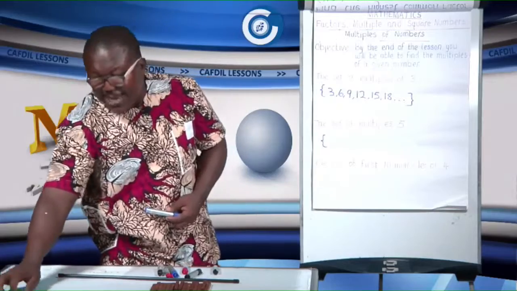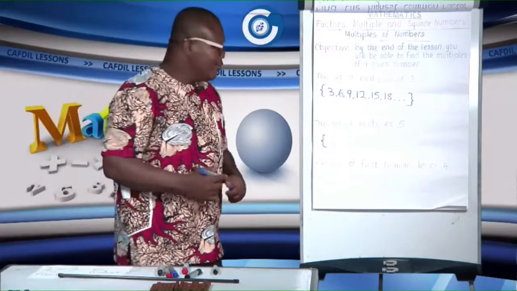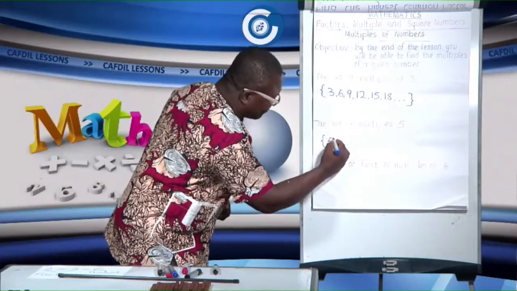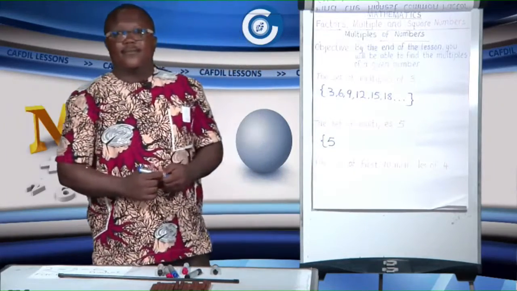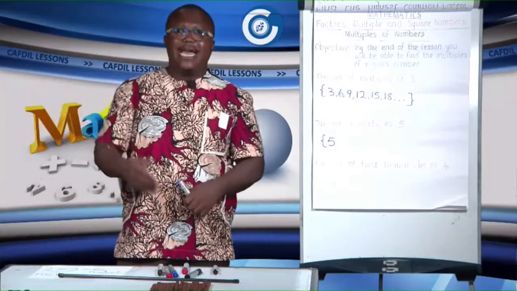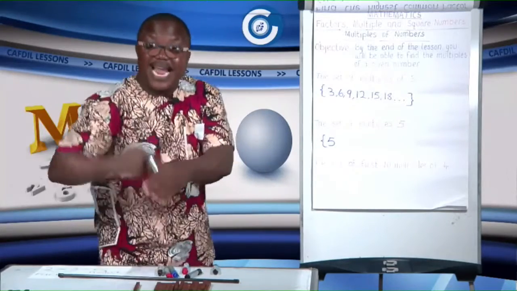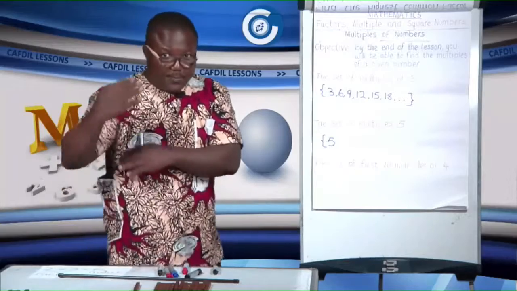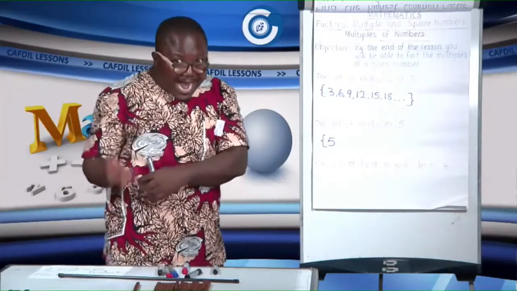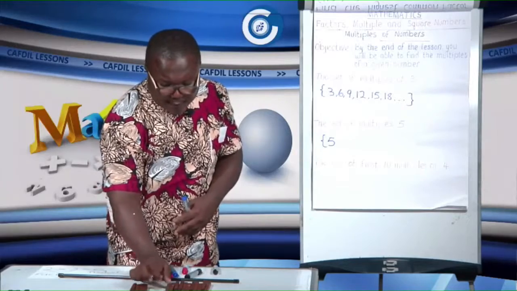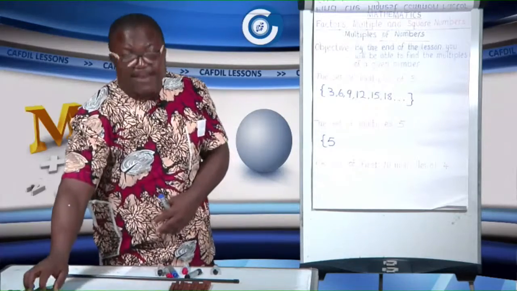So the first number is what? 5. So I have to write my 5. The next number, I'm supposed to add another 5. It's repeated addition. Multiples is repeated addition. So I have to add another 5. 1, 2, 3, 4, 5.